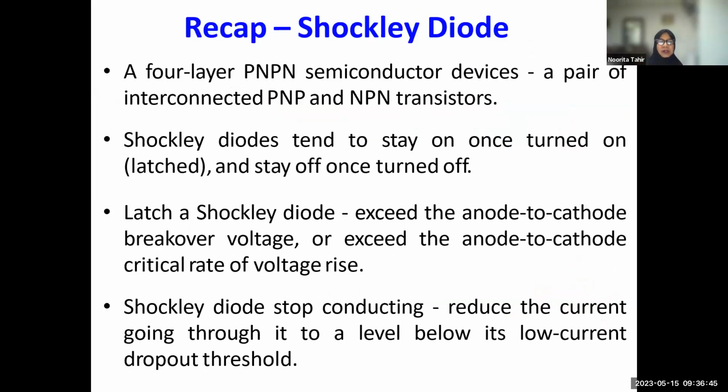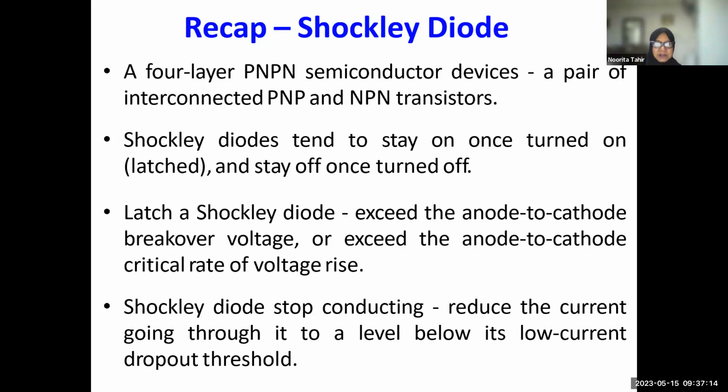So saya recap sebab it's a long theoretical explanation. Shockley diode is a 4-layer PNP semiconductor device. It's actually a pair of interconnected PNP and NPN transistors. Dia macam satu PNP, kita gabungkan dengan NPN, di mana P atas dan N bawah, dan dua tu kita integratekan, kita embed, ya.